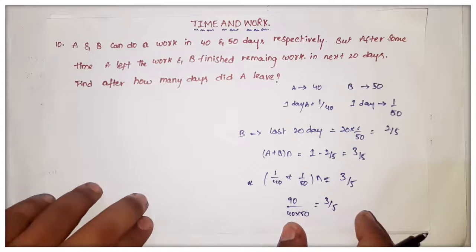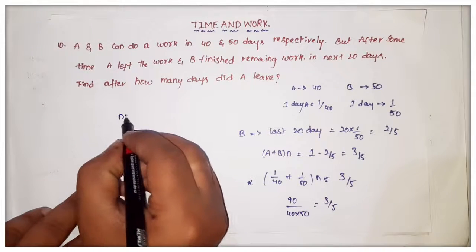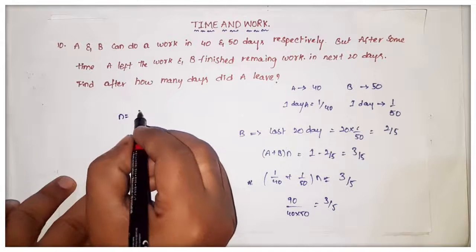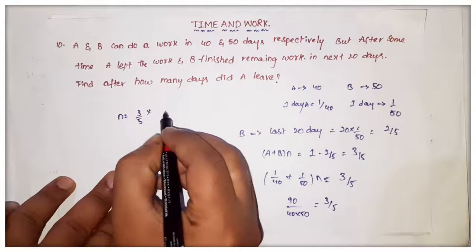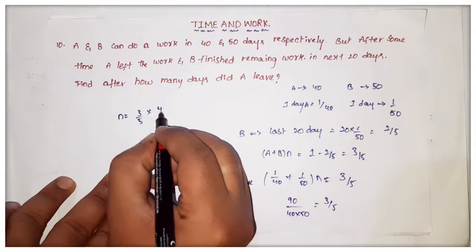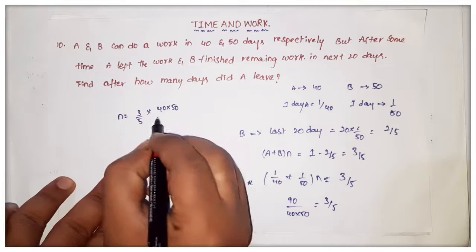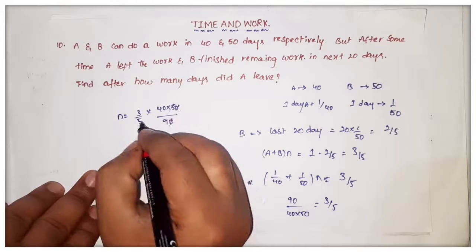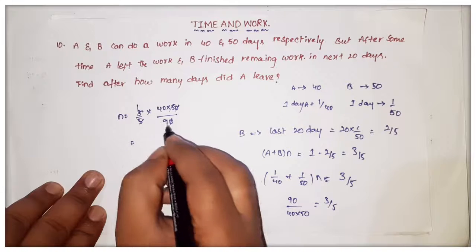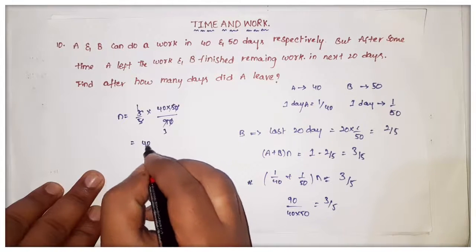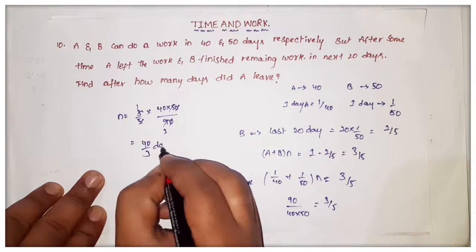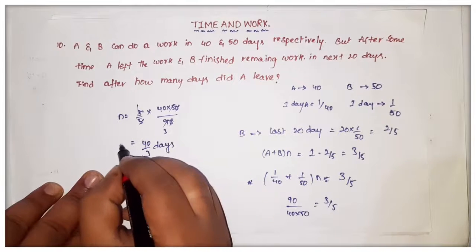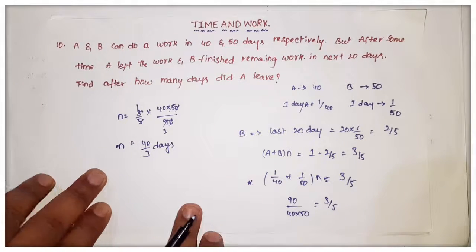Therefore n equals 3 by 5 into 40 into 50 by 90. So the answer is 40 by 3 days. So they worked for 40 by 3 days.